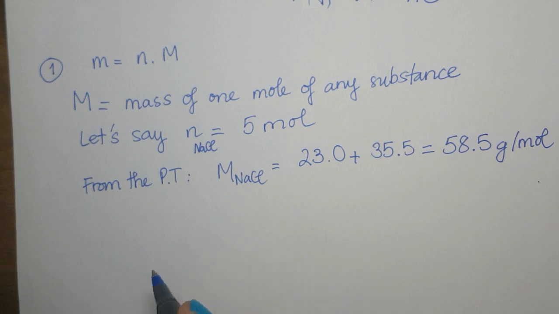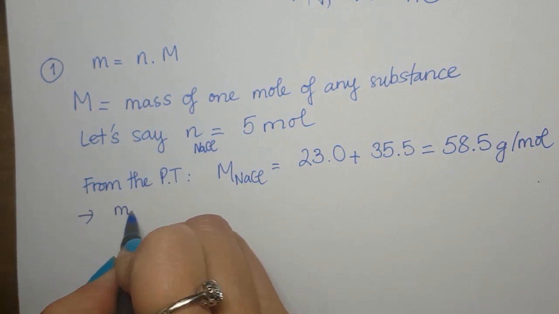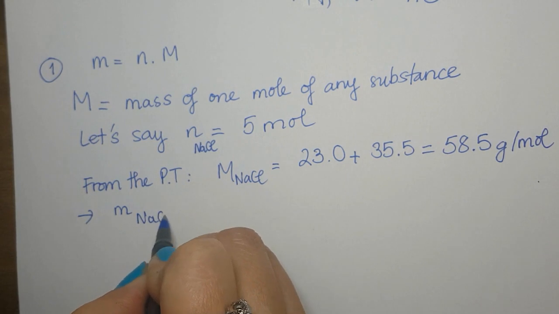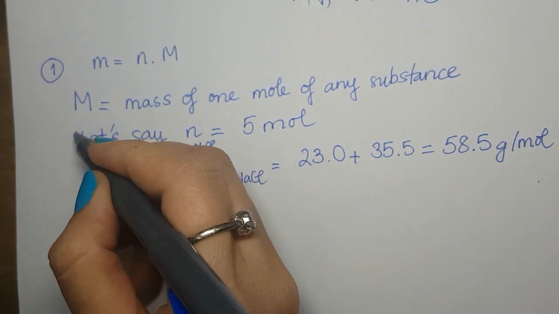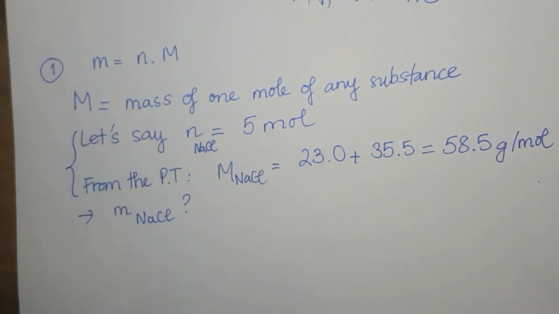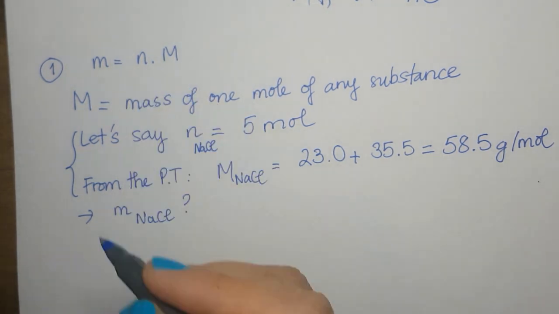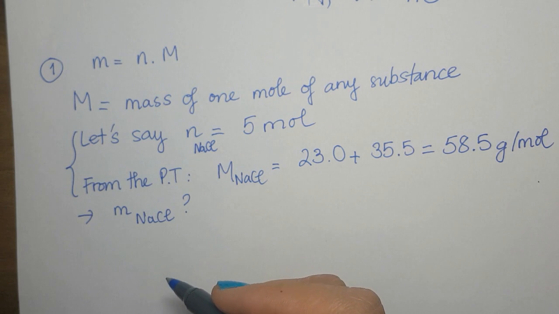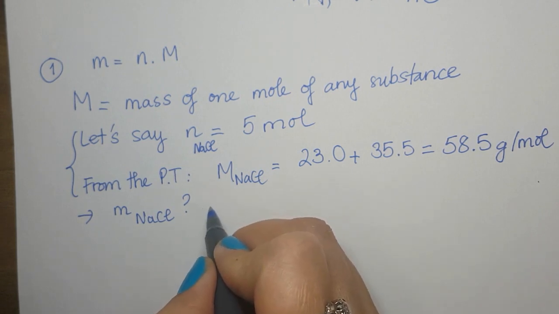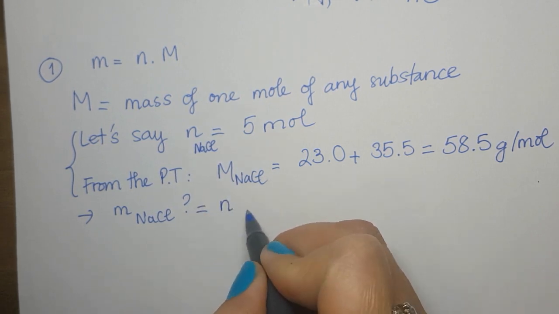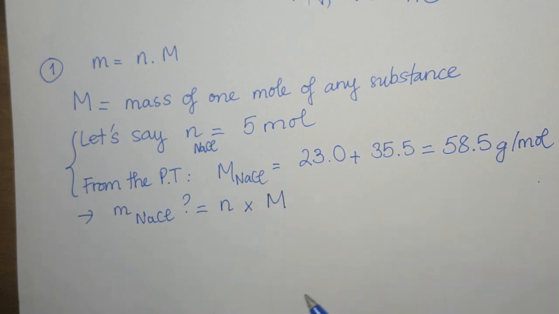So now the question is, could you figure out the mass of the sodium chloride sample, given that you know these two pieces of information? Absolutely. According to that formula, you would easily take the number of mole times the mass per mole.